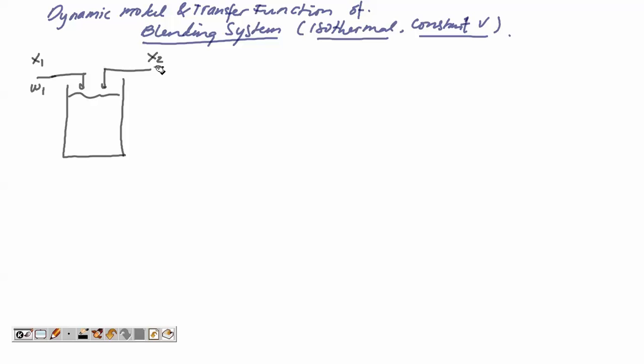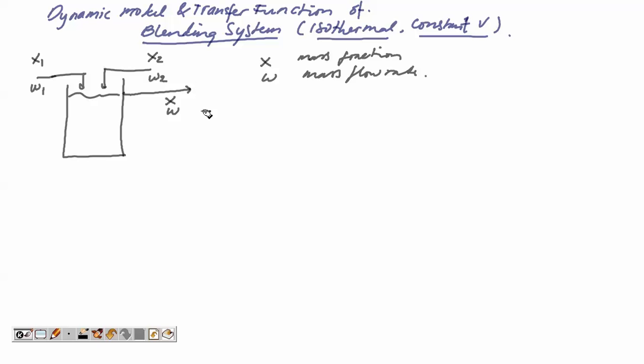For stream 2, the mass fraction of component A, for example, is x2, and the mass flow rate is W2, to produce a product with mass fraction X and mass flow rate W. So X is the mass fraction and W is the mass flow rate.